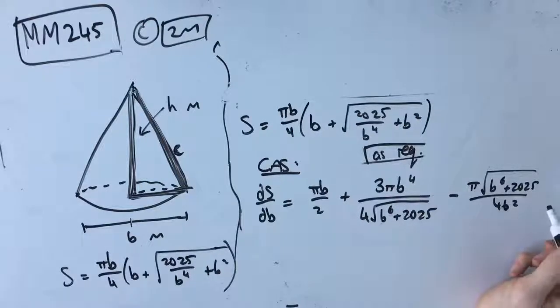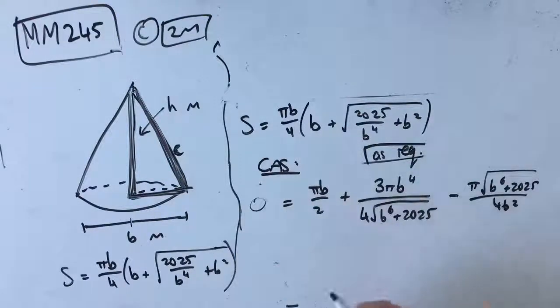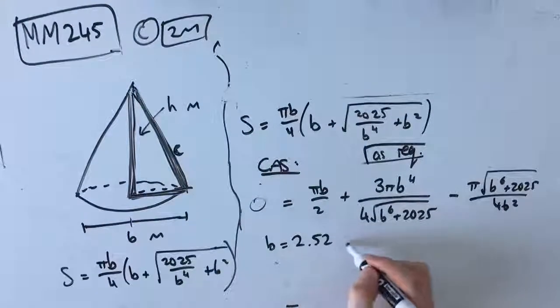What we're going to now do is solve this equal to 0 in CAS, and our CAS is going to spit out b is equal to 2.52 meters.